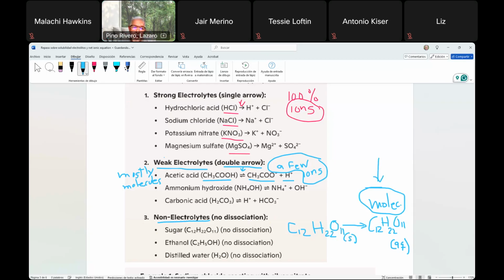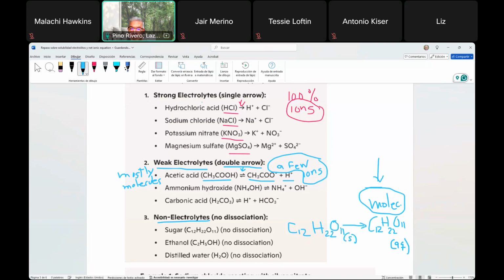Any question about the classification of the substances according with the conductivity, and also how can we represent these substances in solution? Any question? So for the non-electrolytes, do we still need to put an arrow?